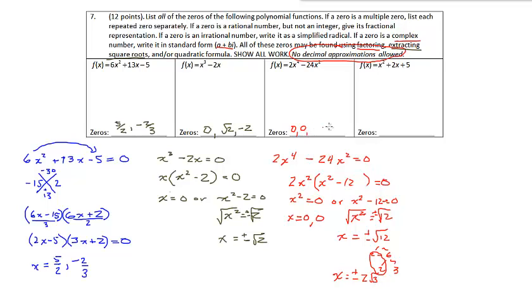So my other two zeros are 2 root 3 and negative 2 root 3.